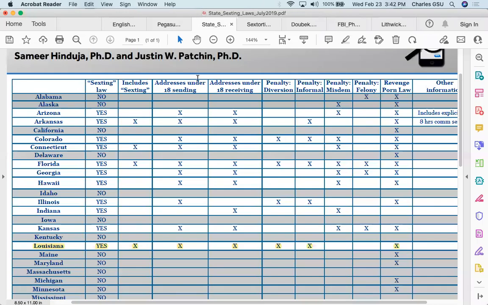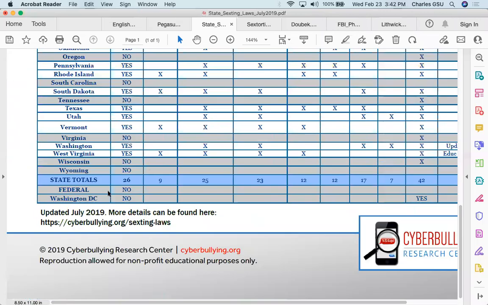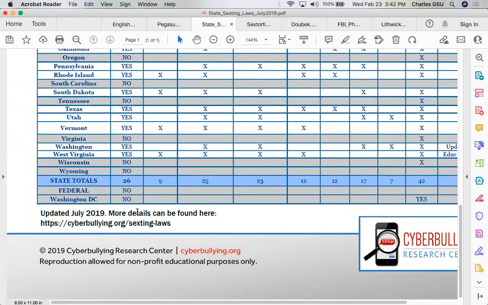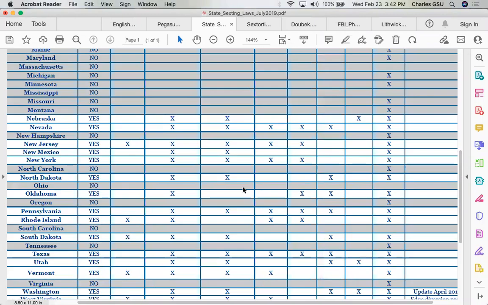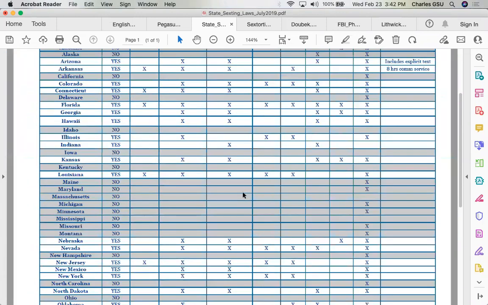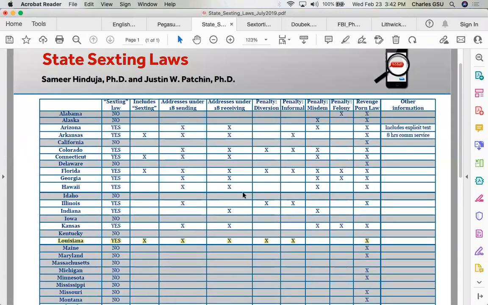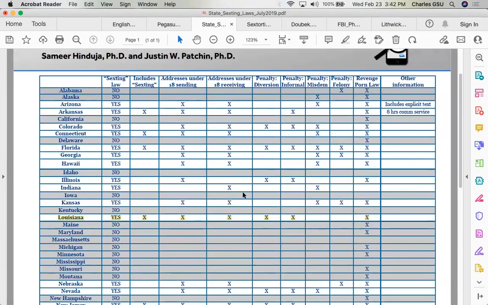As you can see from this chart here, this is a bit dated now. This is June 2019, but it's the most recent one I can find. You can see that it's not uniform across the board in terms of laws, which is a question you could write on, a topic: should we enact a federal law in all 50 states so that every instance of sexting is treated exactly the same way, uniformly, right?